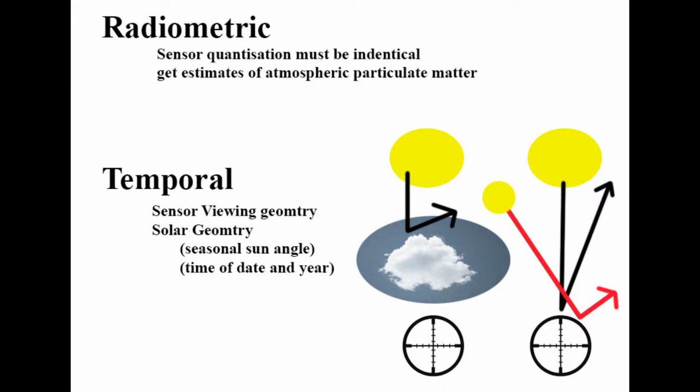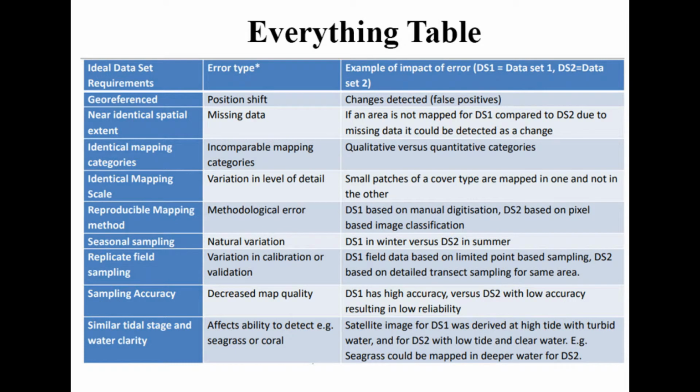That has to do with sensor viewing geometry and solar geometry, so where the sun is, the time of day, and all that. And that's temporal. If you want to see a table of everything you should be concerned with when comparing two images at two different points in time, this table will show you everything you pretty much need to know.